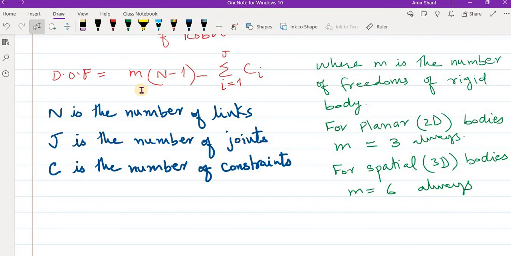This formula can be further simplified and written as degrees of freedom equals m(n minus 1) minus j plus the sum from i equals 1 to j of f_i.